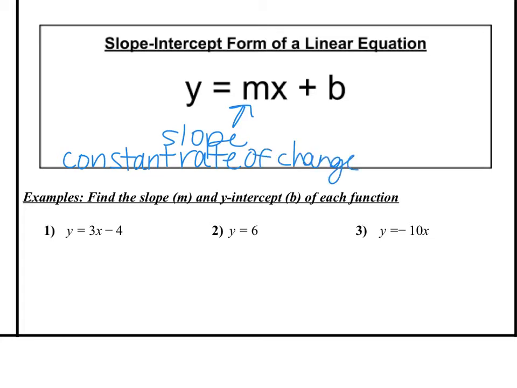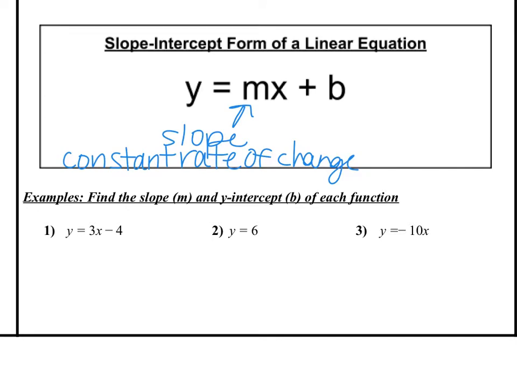They're the same thing. When I say slope, I mean the constant rate of change. When I say rate of change, I mean slope. Please keep in mind, it's not, okay, whatever number I see first in my equation, that's the slope. No! It's the number that's next to the x, because it happens over and over, adds or subtracts. You're looking for what number is next to x, that's the slope.